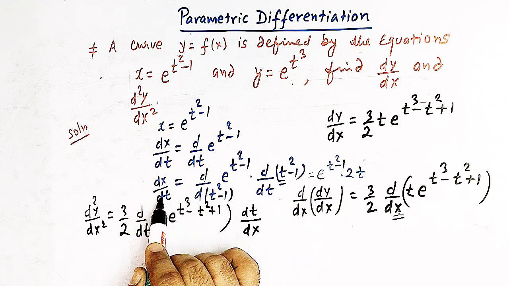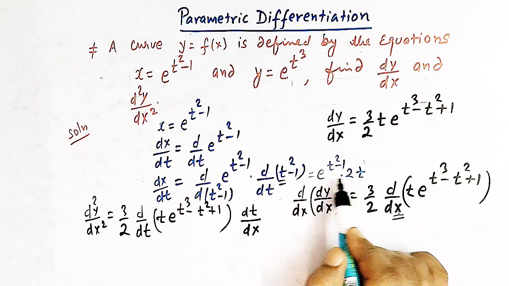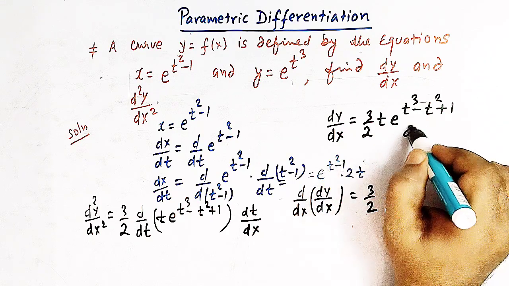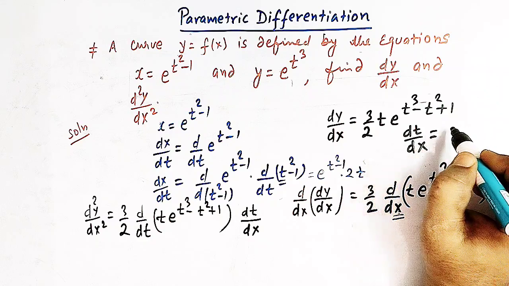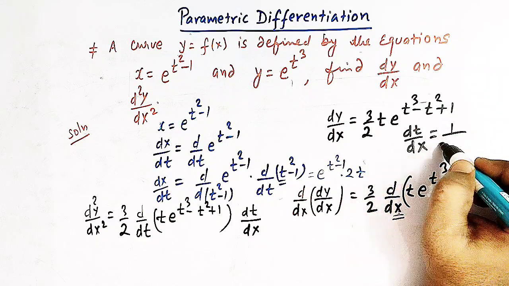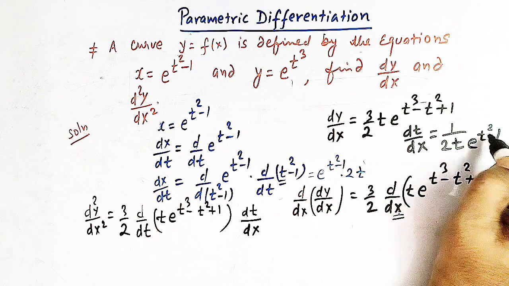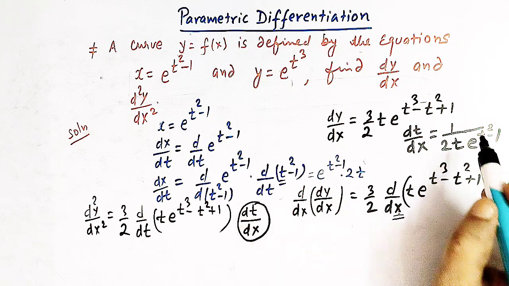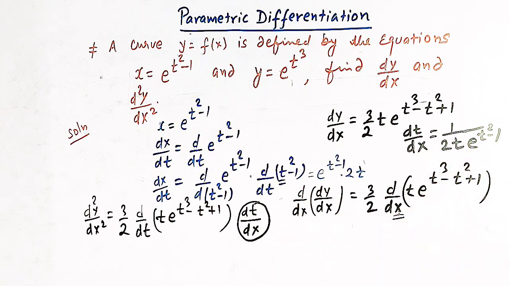And from this expression, dx over dt is equal to 2t times e raised to t square minus 1. So dt over dx is equal to 1 over 2t e raised to t square minus 1, right? So here we'll substitute 1 over 2t times e raised to t square minus 1.